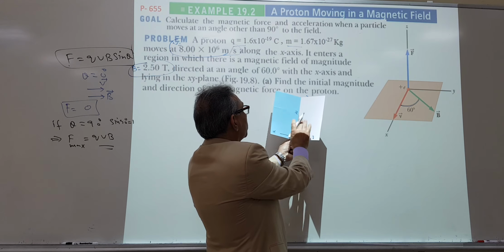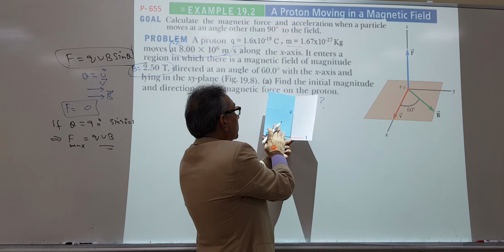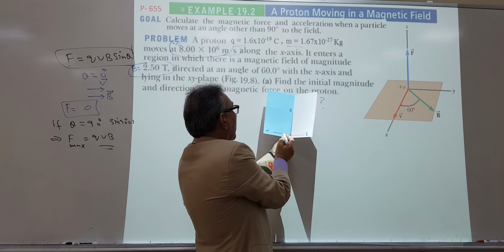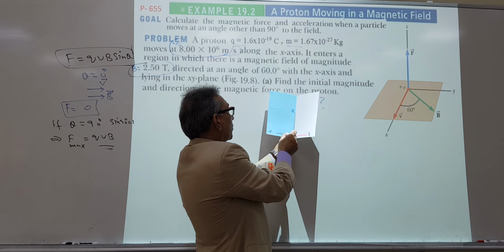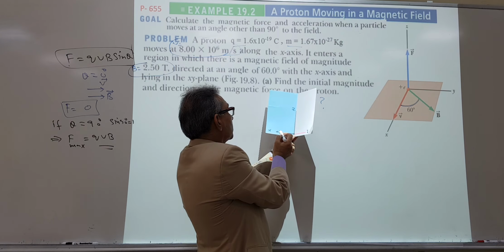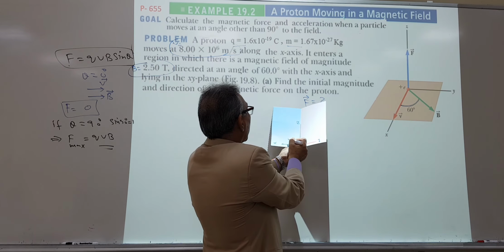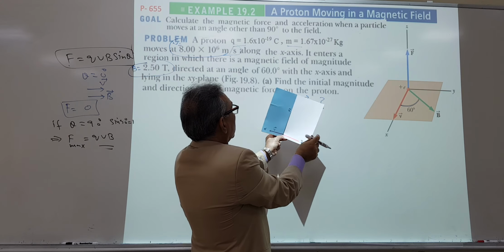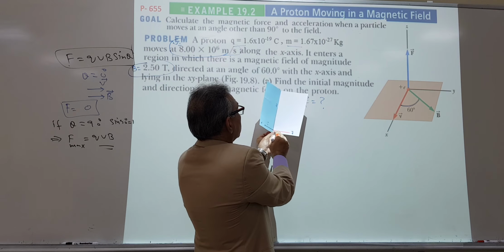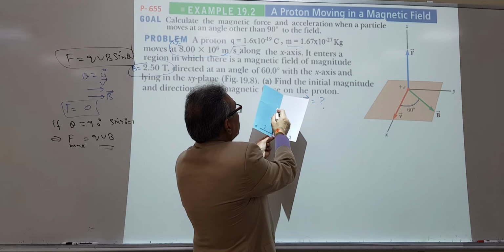This is the corner of the room. This is one wall, this is the other wall. Now, this is the origin, 0, 0. This is the x-axis where you have velocity, this side. And this side is the y-axis, and this is the z-axis.